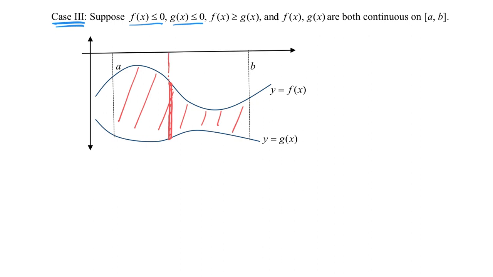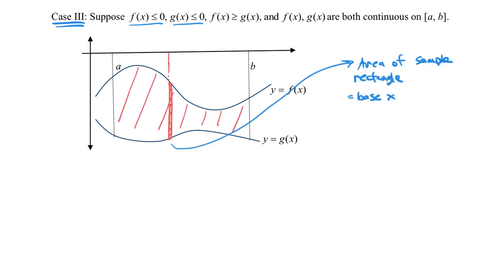And to get to that rectangle, we've got this little distance we've got to go here. But if you do the same thing as before, we want to find the area of our sample rectangle. And that is going to be equal to base times height, same as always. It's just a rectangle.